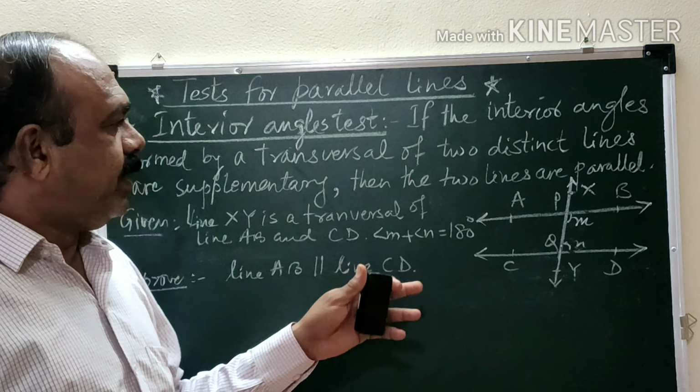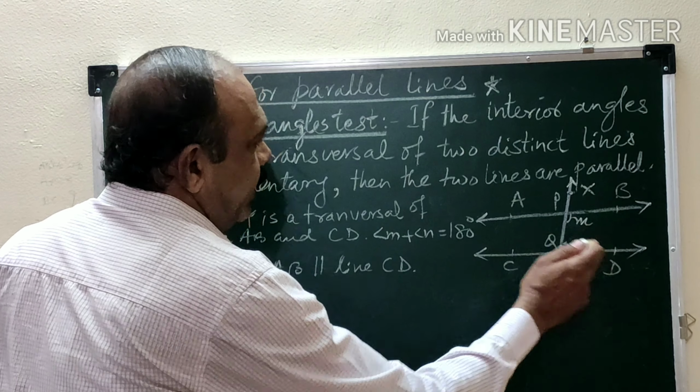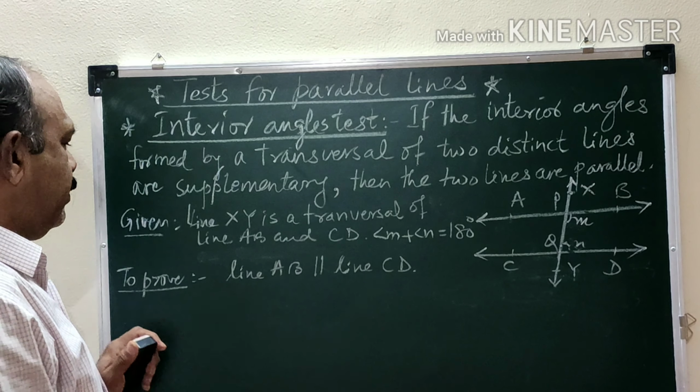Line XY is a transversal of lines AB and CD, and angle M plus angle N is equal to 180 degrees, because these two angles are interior angles, so they are supplementary. What we have to prove is that AB and CD are parallel.